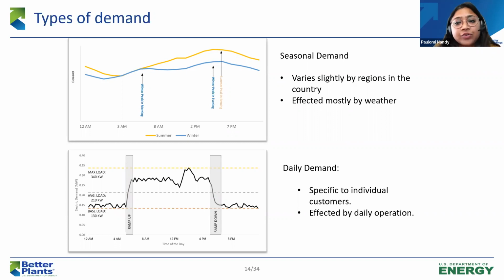And then during the later evenings, the load slowly ramps down. The average load for this facility is around 210 kilowatts. So you can see there is a wide difference between the average load and the maximum load, which is your peak demand.